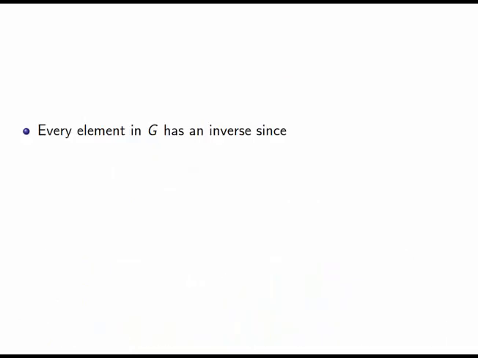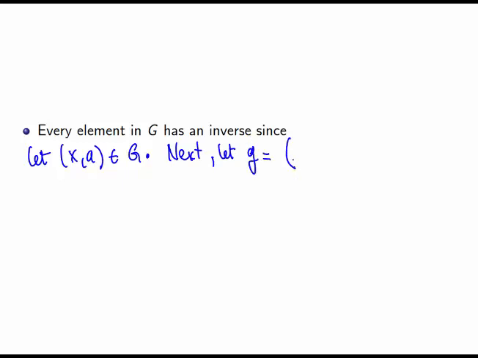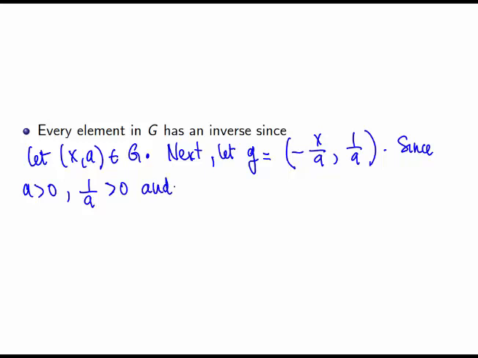Now, I claim that every element has an inverse, and the way to see this is to let (x, a) be an element in G. Next, let's say little g be the element (-x/a, 1/a). Since a is assumed to be strictly positive because (x, a) is in G, then 1/a is strictly positive, and as a result, g is, of course, an element of the set.